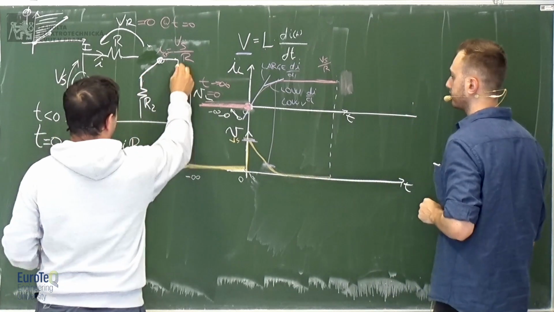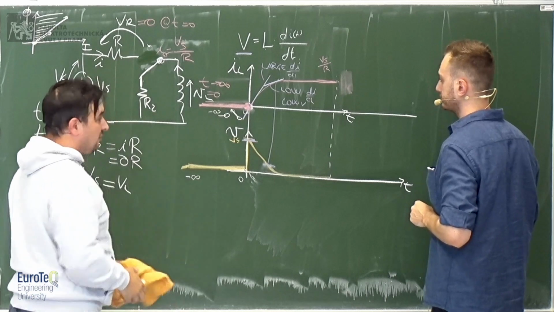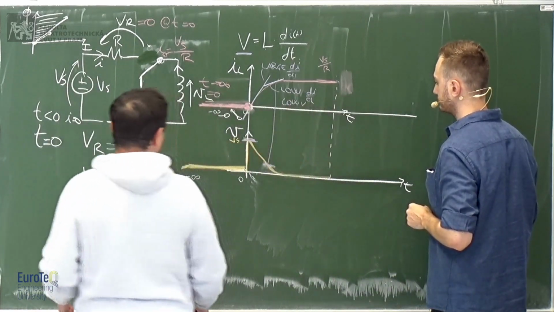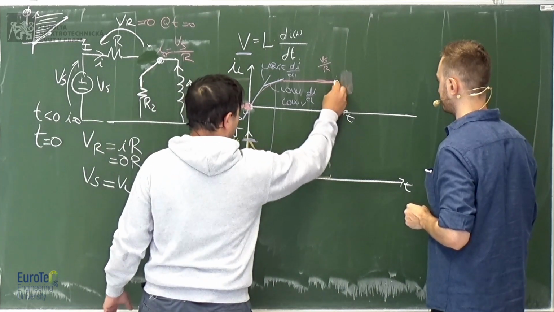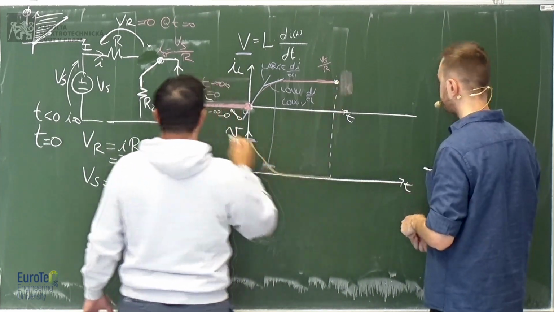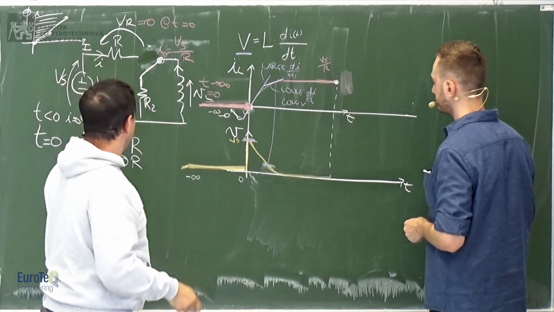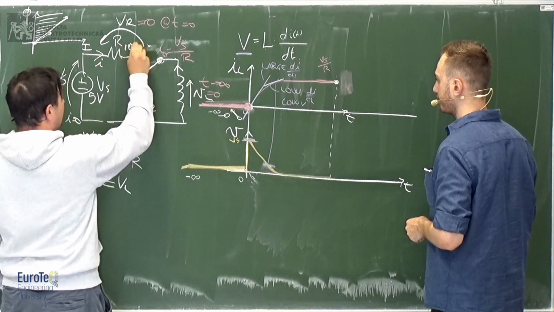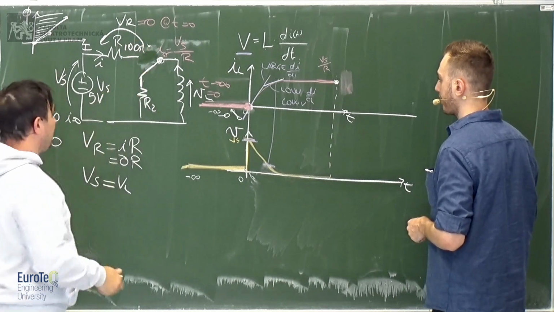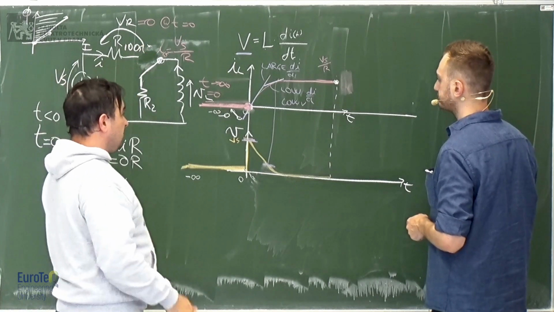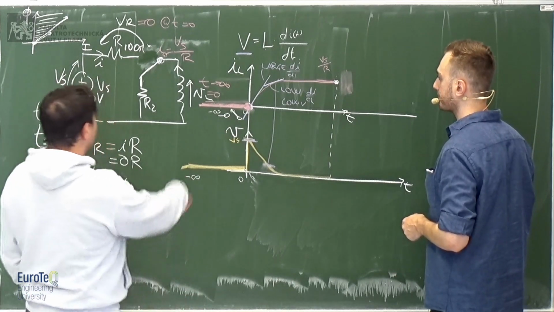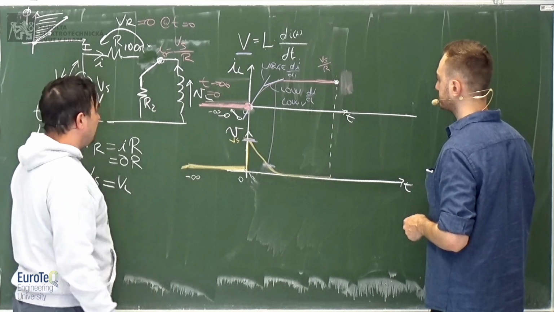The current cannot be instantaneously changed, so the current is still the same value. Let's say that we have 5 volts and 100 ohms. You have 5 divided by 100, which is 50 milliamps. So we have 50 milliamps which run in this circuit.